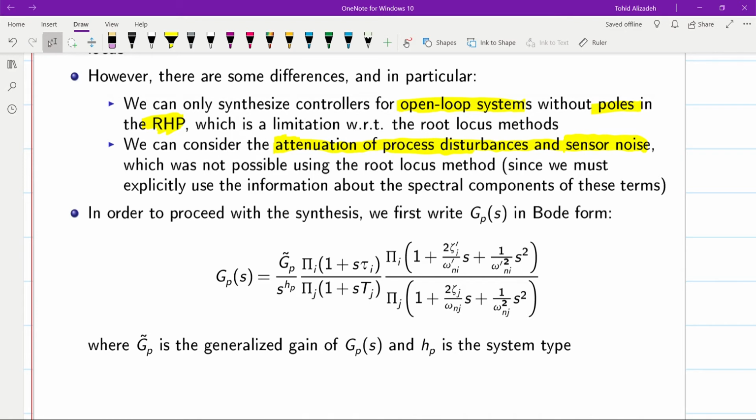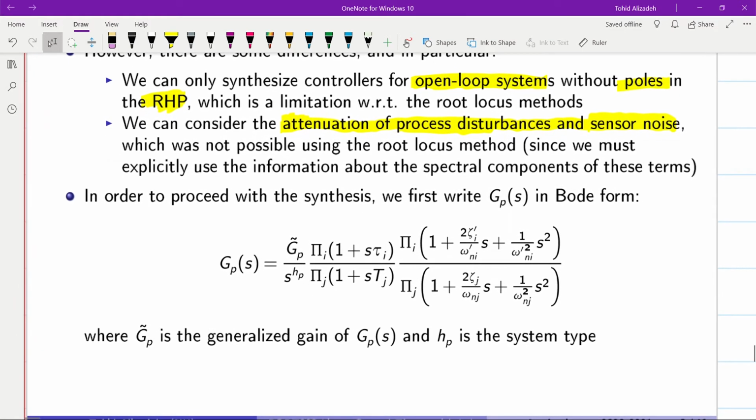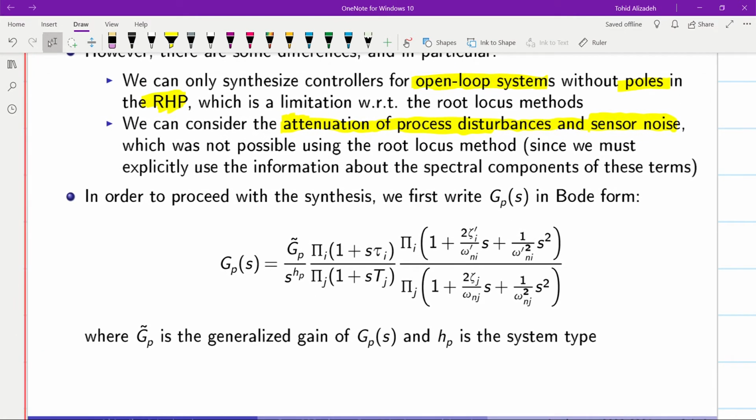In order to start designing the controller, we will write down GP in the Bode form. GP is the process or the plant. The Bode form is like this.